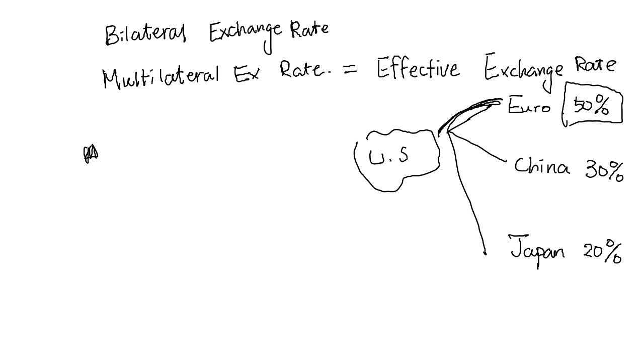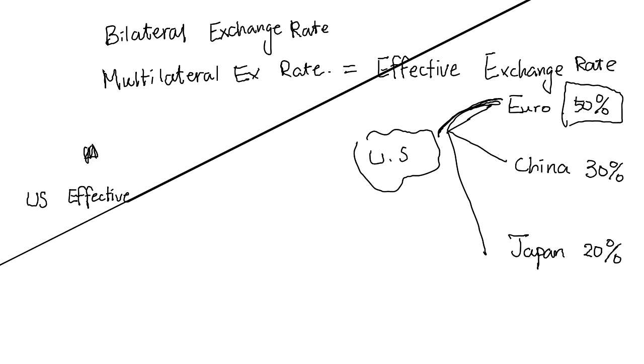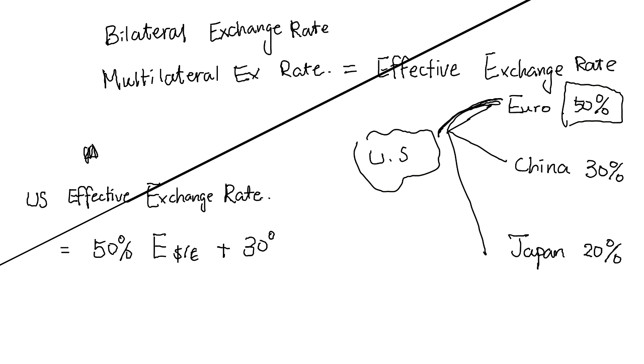So for example, the US effective exchange rate in this case is equal to 50% of the exchange rate between euro and dollar, plus 30% exchange rate, this is Chinese yuan, plus 20% this, right?